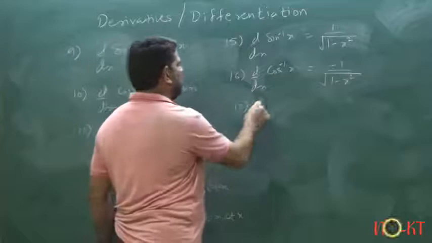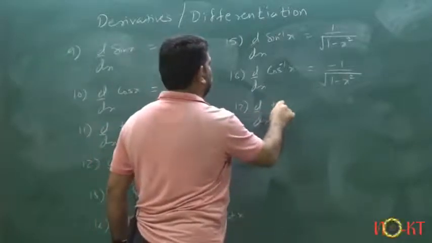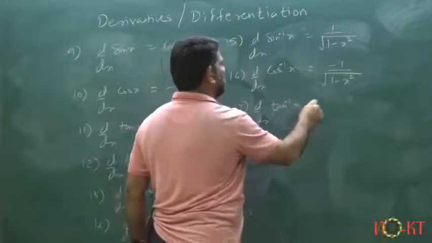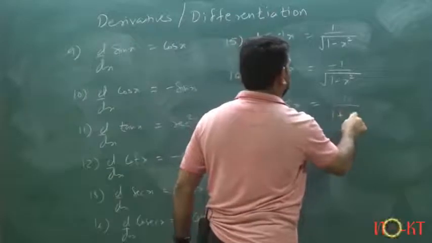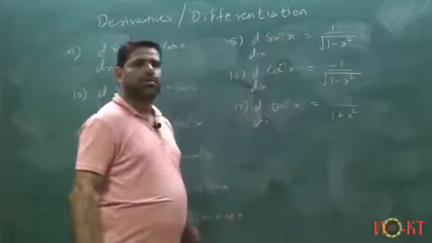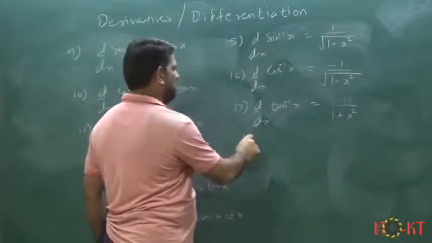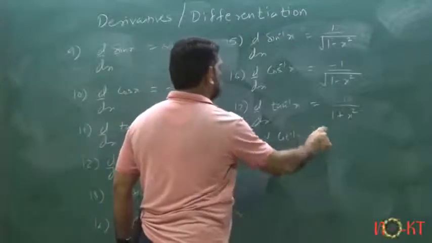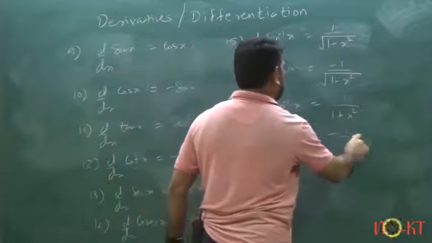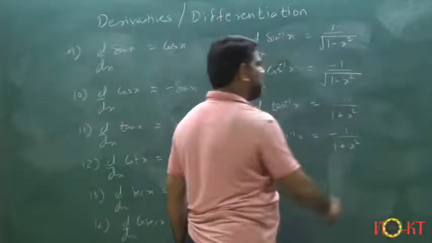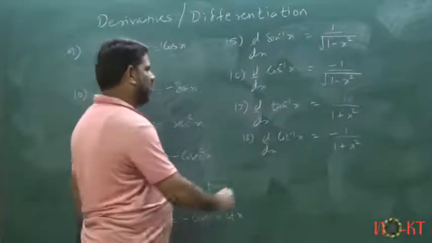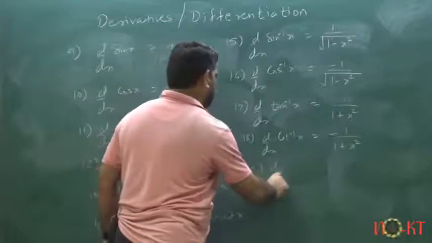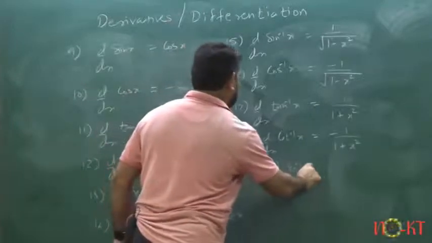17th one, derivative of tan inverse x. It is 1 upon 1 plus x square. Then next, it is cot inverse x. So this is minus 1 upon 1 plus x square. Then we have derivative of sec inverse x.